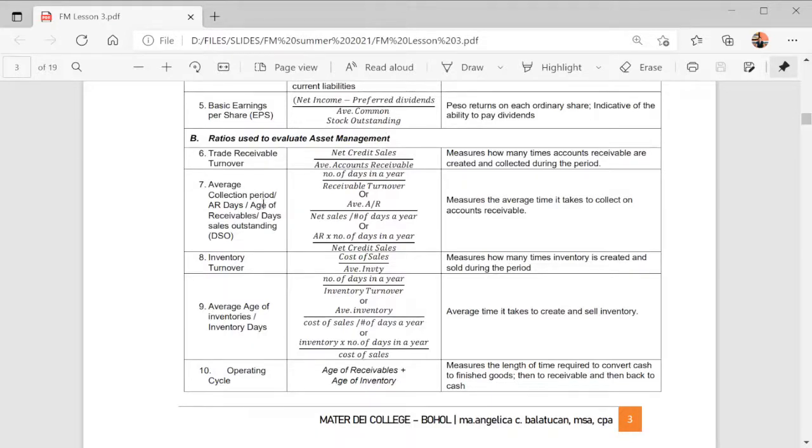Then we have the average collection period. Other names of this are terms you may encounter, but they are the same. Average collection period is the same as accounts receivable days, age of receivables, day sales outstanding.